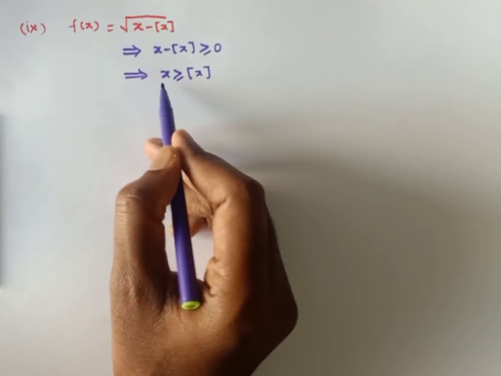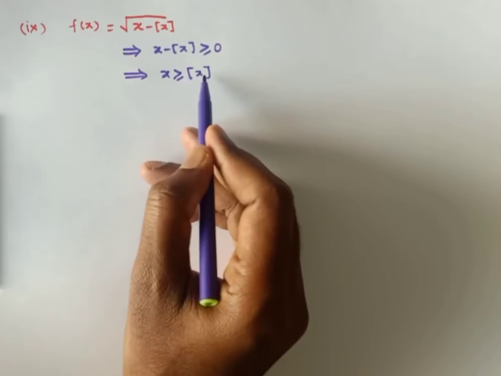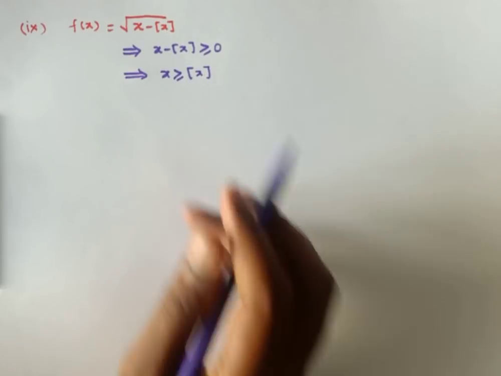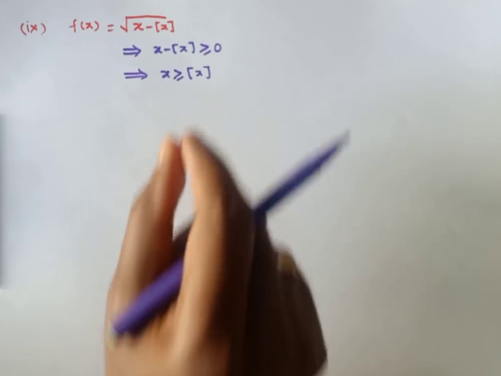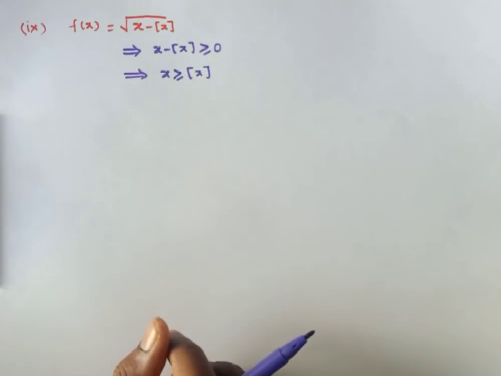So here x is nothing but simply x. Here there is a meaning for this step. What is step x? It is the greatest integer which is less than or equal to the given x. So that means the output of this box always represents an integer.